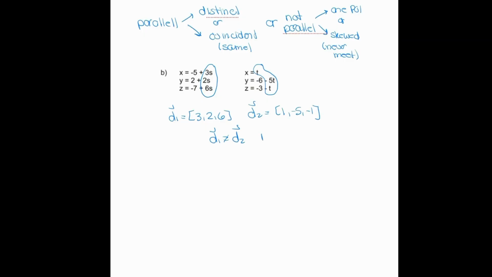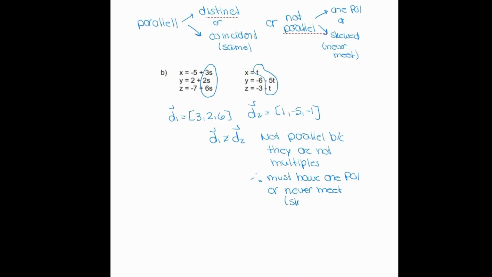So therefore, they're not parallel because they are not multiples. Therefore, there must be one point of intersection or they never meet, meaning that they are skewed.